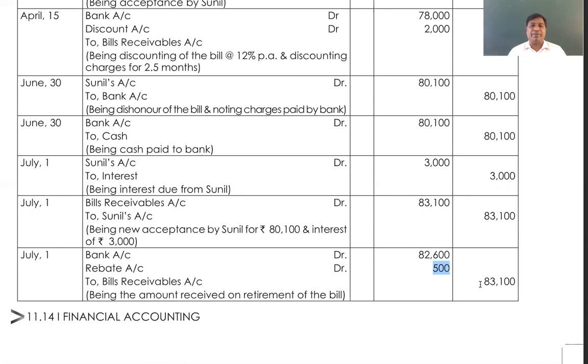And the total amount is 83,100. So bank account debit, the amount that is received now. Rebate account debit, the concession that the drawer gave to the drawee, to bill receivable account, the total worth of the bill, 83,100.